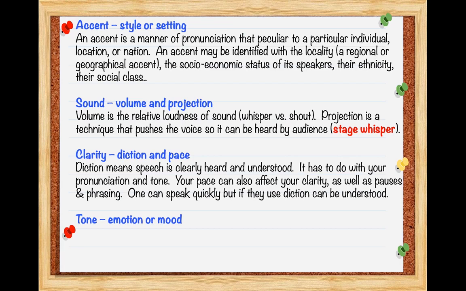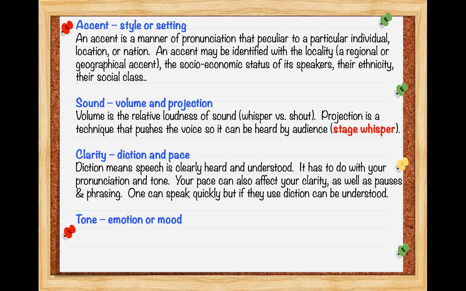So putting pauses in, because if I read out this entire sentence and I said diction means speech is clearly heard and understood, it has to do with your pronunciation and tone. Your pace can also affect your clarity, as well as pauses and phrasing. You can speak quickly, but if I spoke like that, then you would not understand anything that I was saying. So I have to put in pauses, and pauses will indicate what the phrasing is.